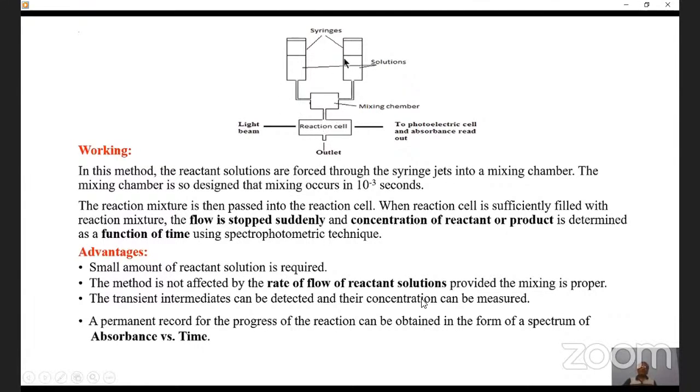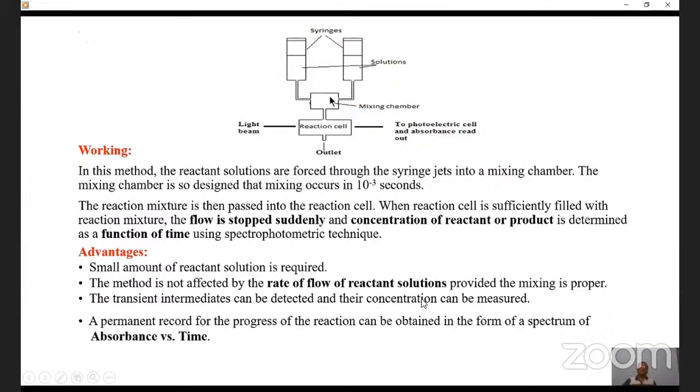Now how is this stopped flow technique used to determine the rate of a fast or ultra fast reaction? Let us see that. In this method, the reactant solutions are forced through the syringe jet into a mixing chamber.